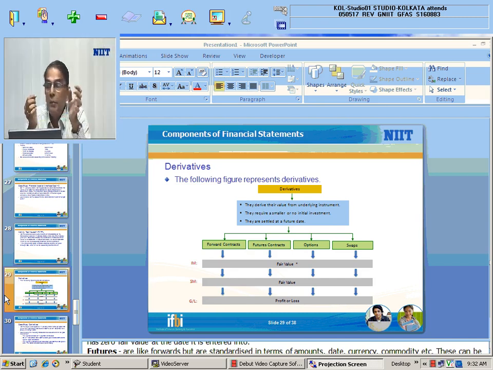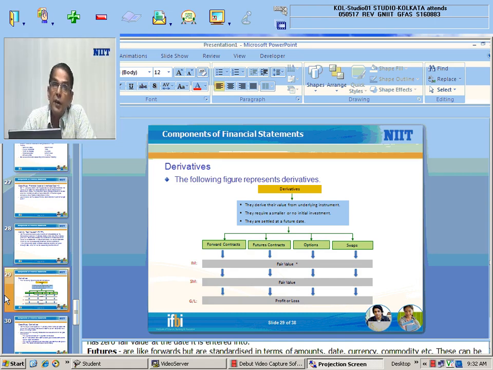A future contract held by a company can be a company's asset or can be company's liability depending on the value of the contract compared to its initial value. That difference could be asset or liability for the entity.